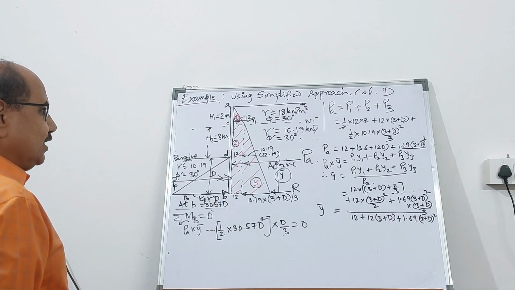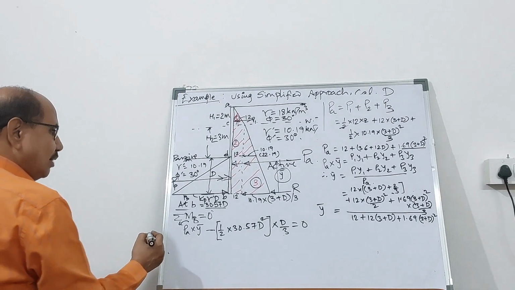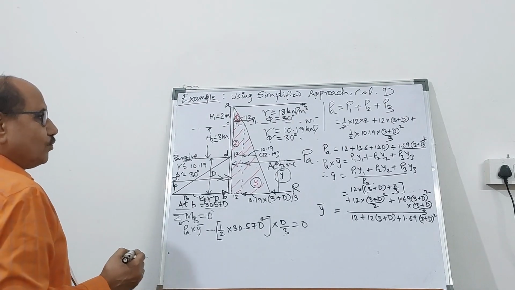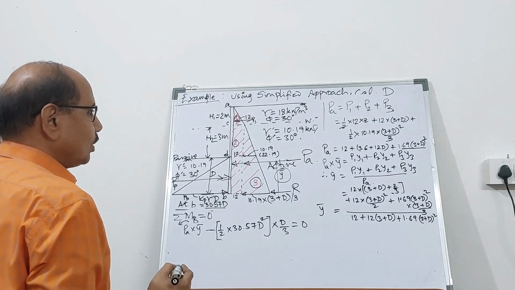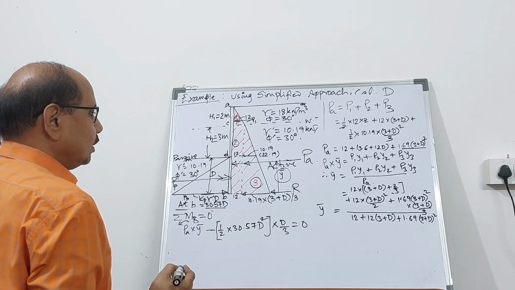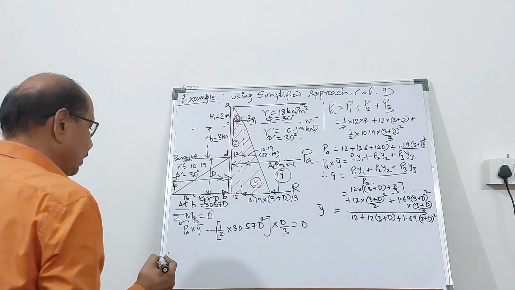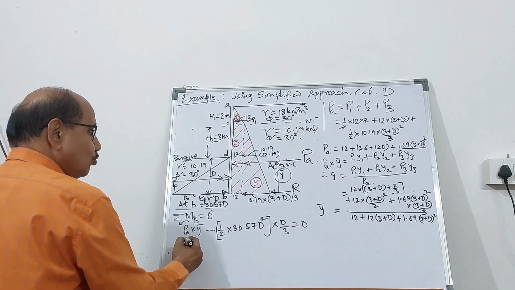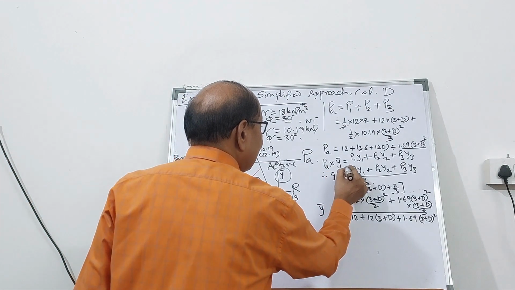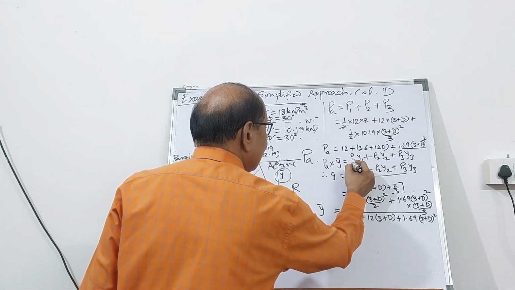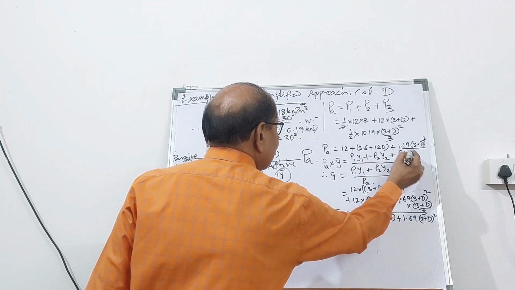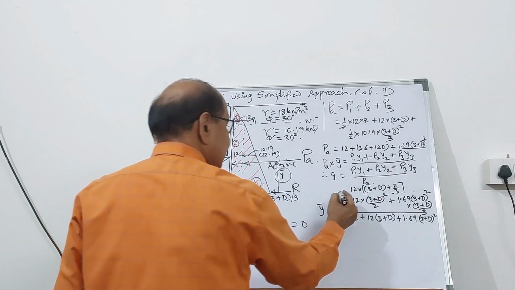Now, because PA is already known to us and y bar is already known to us, all the things are well known. Substitute the value of PA y bar. The PA y bar is given by P1y1 plus P2y2 plus P3y3, and this is the value.